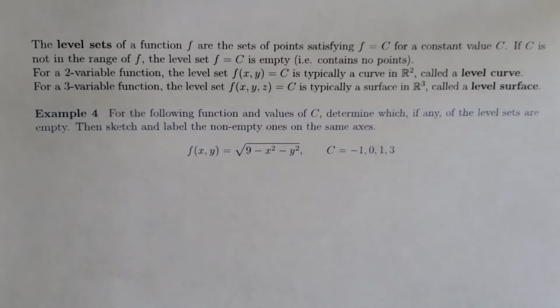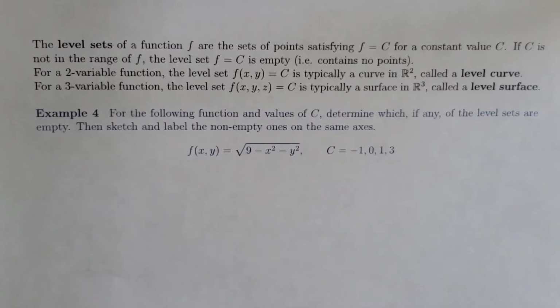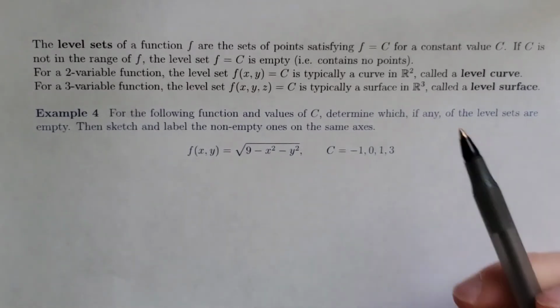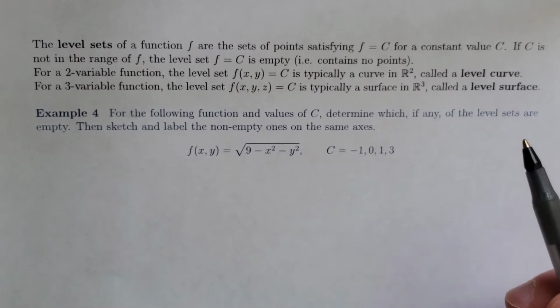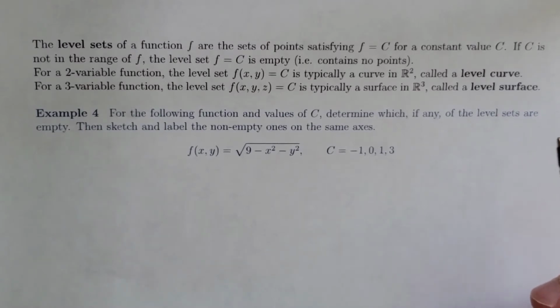In this video, we're going to continue on with our lecture on functions of several variables, but we're going to talk about level sets. And essentially, this is just a sketch in one dimension lower than the graph is.